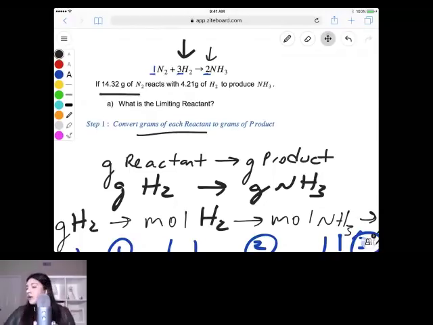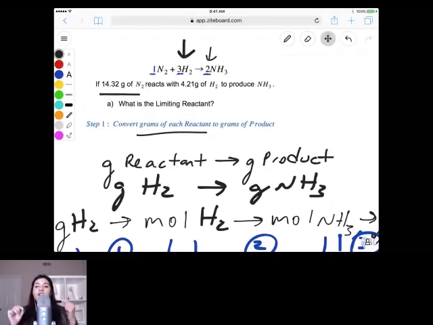Yes, cool. All right. So going back to this question for limiting reactant. We said that limiting reactants will produce the least amount of product because they're limited, right? They get used up completely, and they run out. So the limiting reactant produces the least amount of product. So I'm going to go back to these numbers that we found.